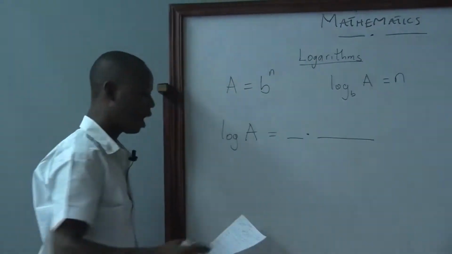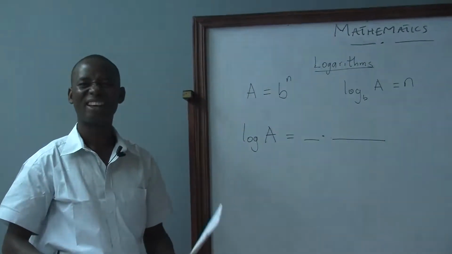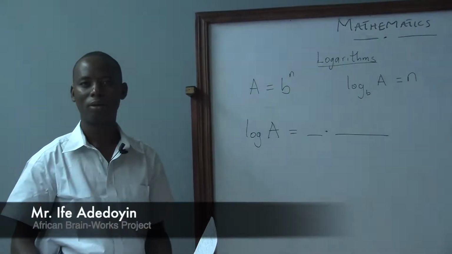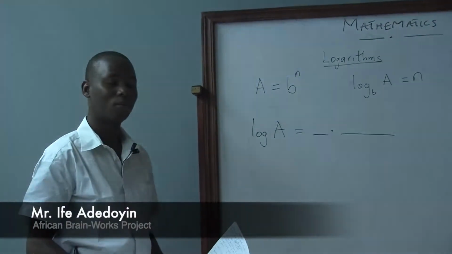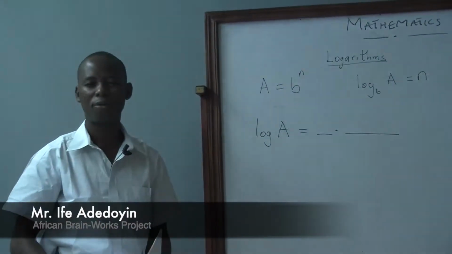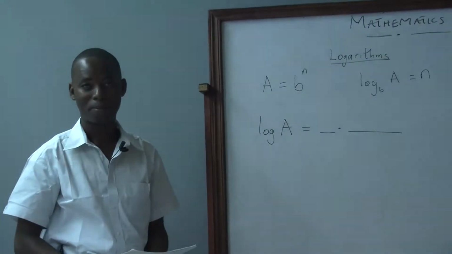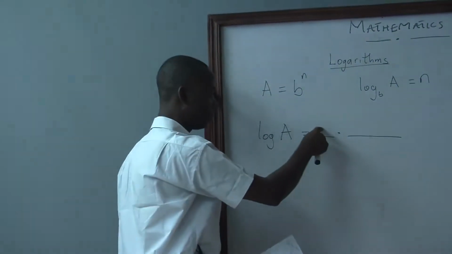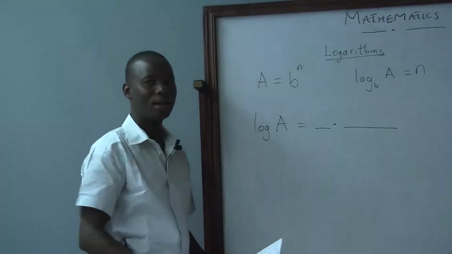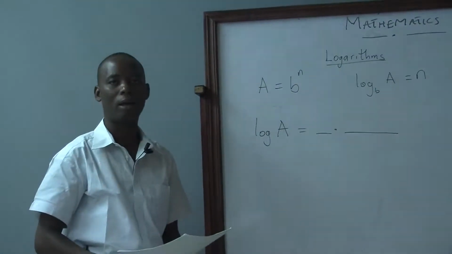The first part is an integer, which we call the characteristic of the log. The other part is the decimal fraction, and the name is mantissa. So we have both the characteristic and the mantissa. That is what makes up the log of any value at any point in time.